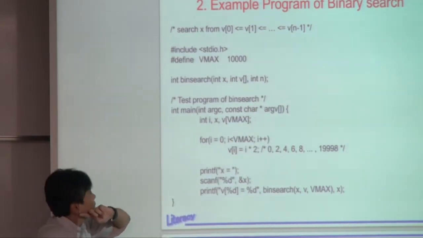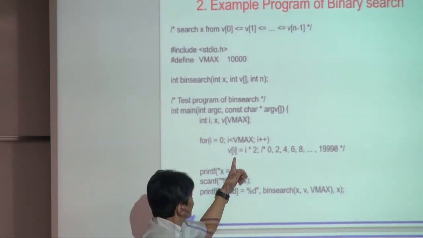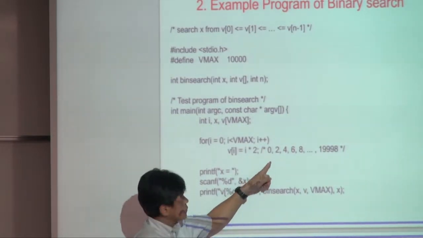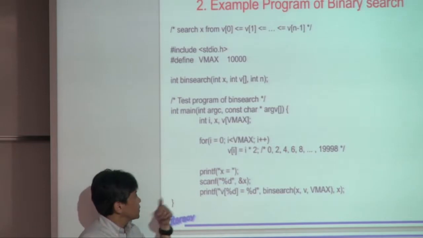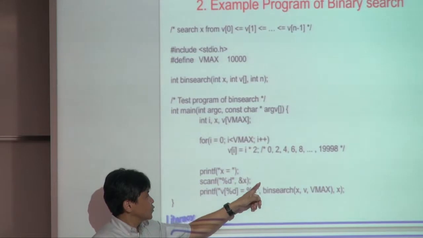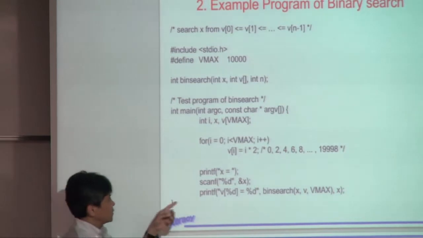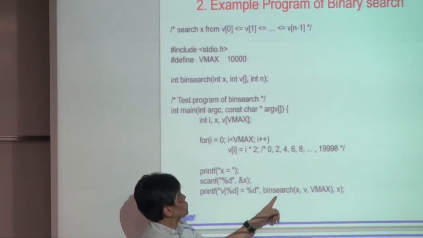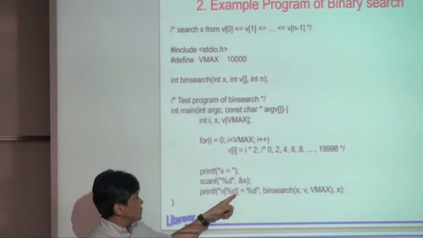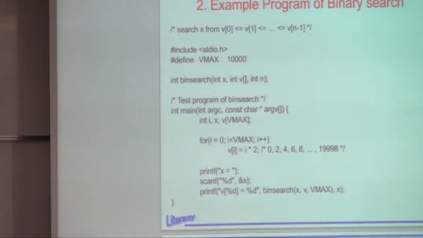In the main function, first the program makes initial values multiplied by 2. Using the scanf function, you can enter any value to be searched. Finally, using the printf function and the binary search function, this program returns the position of the corresponding value in the data set.